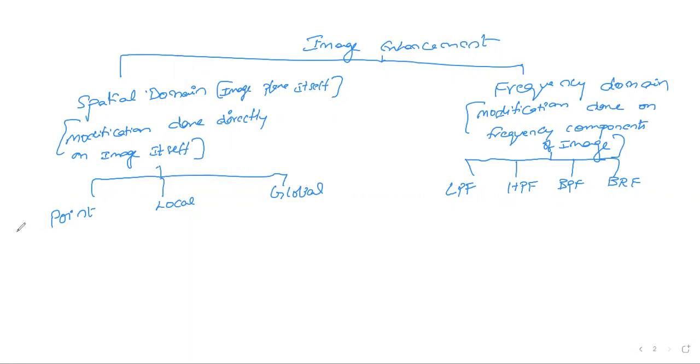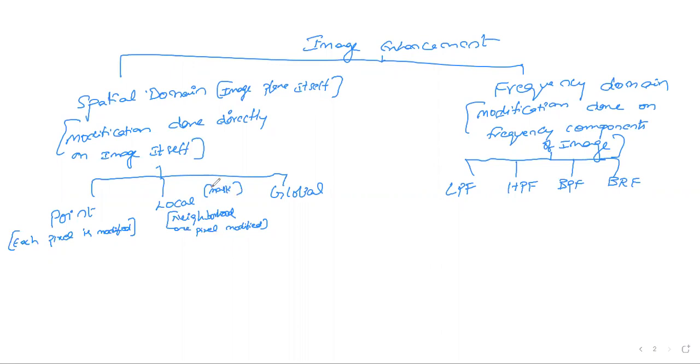So what is meant by point processing? Each pixel is modified individually. Local processing means neighborhood pixels are modified. So local processing is also known as masking operation.